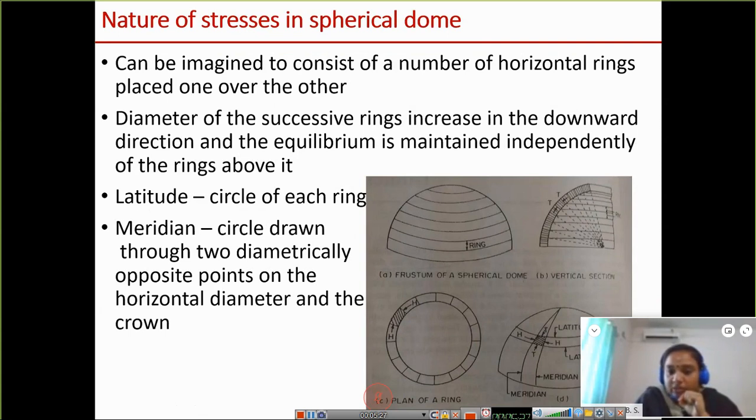And those two points and connecting the crown, if you draw a circle, you will get the meridian. So similar to what you have studied in last semester's astronomy paper. So this is the frustum of the spherical dome. You know that the plan is like this, and this is the latitude, and this is the meridian, right?